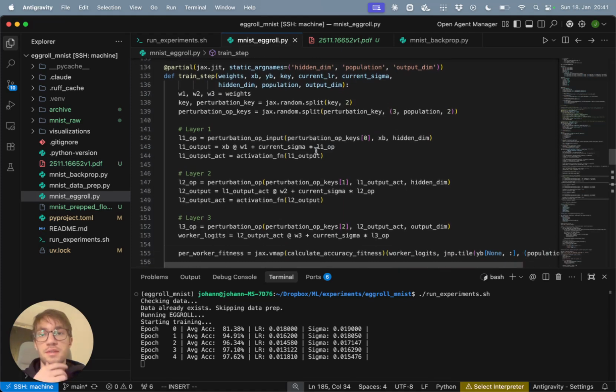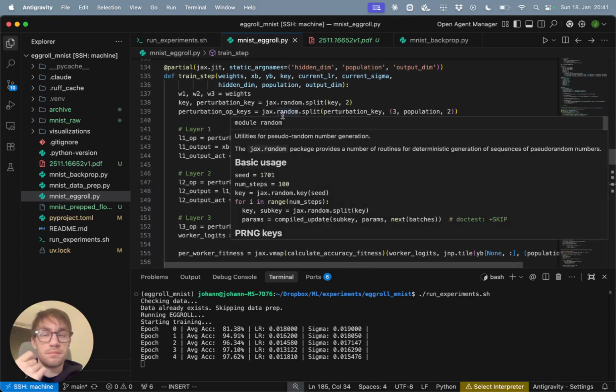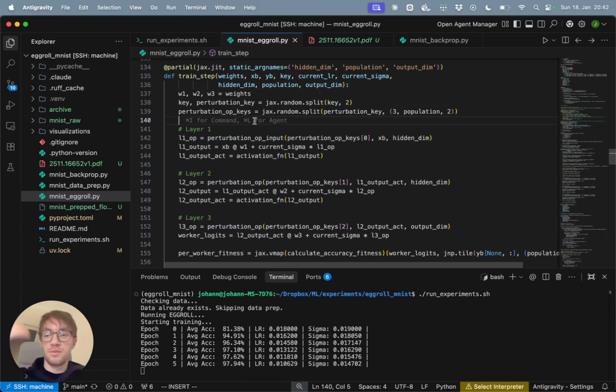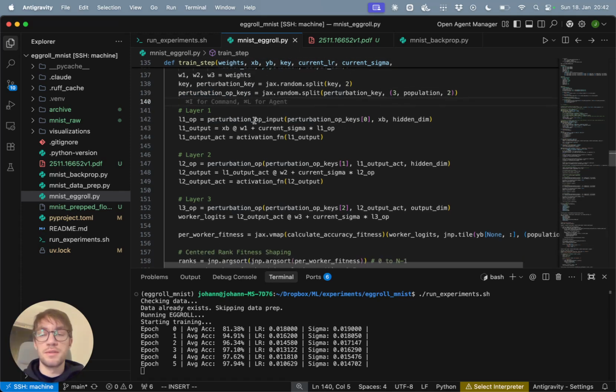You can see here I'm using JAX, and JAX's own pseudo-random number generator. I'm saving the keys here because we're not saving the perturbations throughout, though we need them for the update. We reconstruct them in the update on the spot.